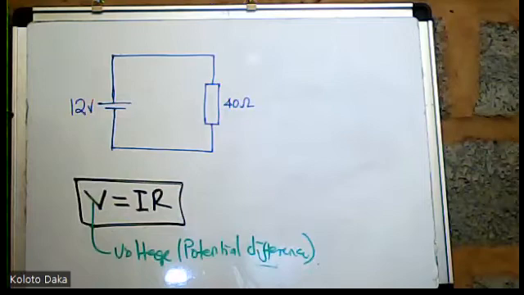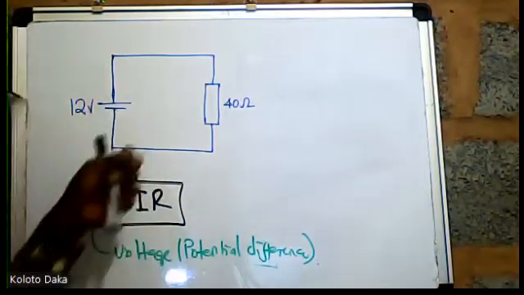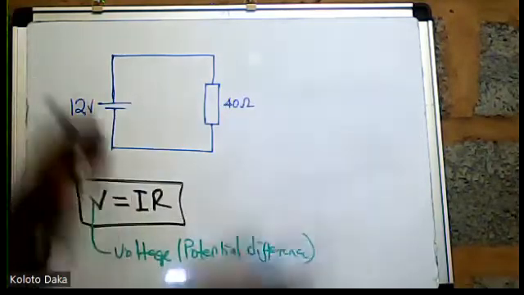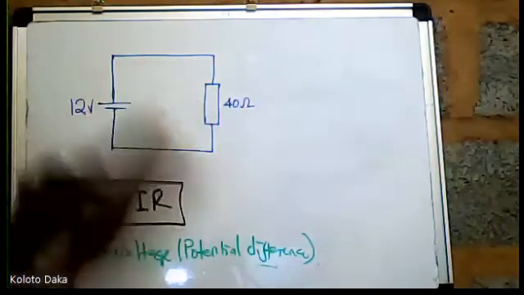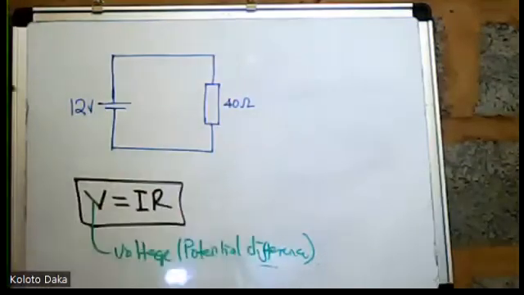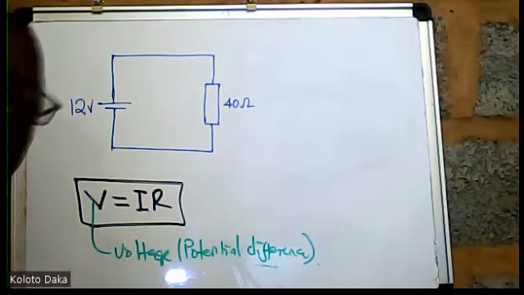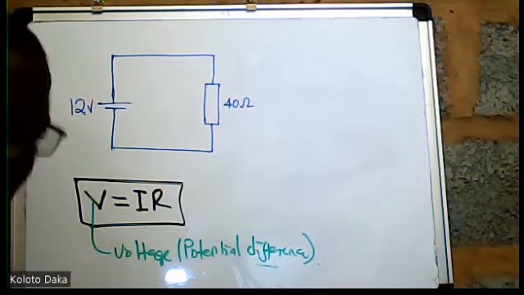What does that mean? The presence of electrons at one point compared to another point, there is a difference. That's what it means by potential difference. The presence of electrons at two points is different. As a result, the electrons will flow.